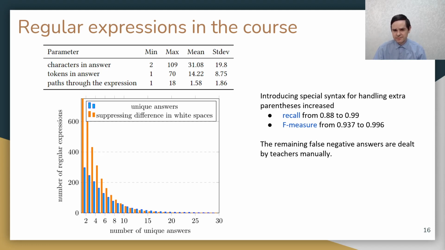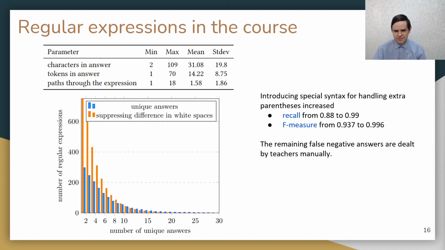The questions verified using regular expressions had answers of about 14 tokens and 31 characters on average, up to 70 tokens and 109 characters. Most of the expressions matched from 1 to 6 unique student answers, but some matched more, up to 29 unique answers matched by 1 regular expression when ignoring differences in white spaces and other minor differences.